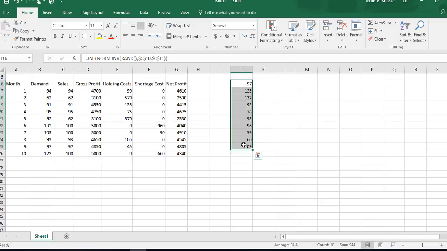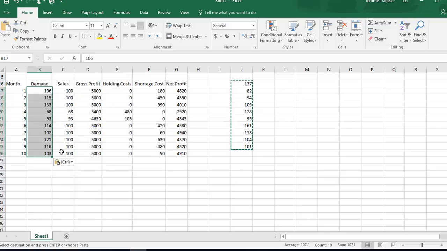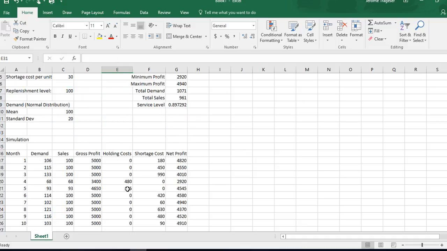Oh, I just wanted to paste the values. Hold on. There we go. Paste. Okay, paste values. I was pasting my equations as well. Paste values. So now what would happen is you paste these values in that I give you, but all of these equations still need to be set up.